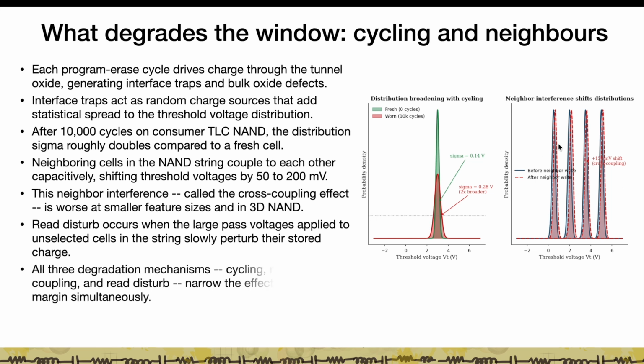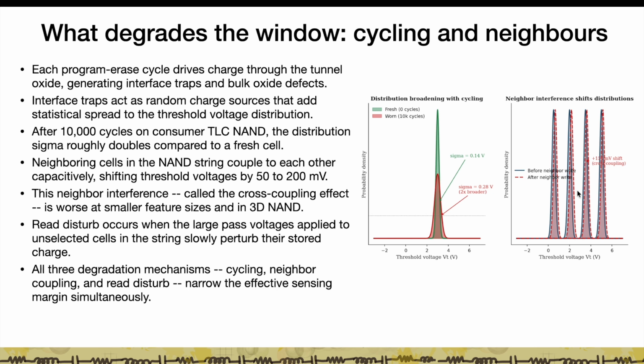Now, this panel shows the second major degradation mechanism, cross coupling from neighboring cells. When a cell in a NAND string is programmed, it changes its threshold voltage, and that threshold voltage change induces a capacitive coupling shift in every cell nearby. The navy distributions show the 4 MLC states before a neighboring cell write.